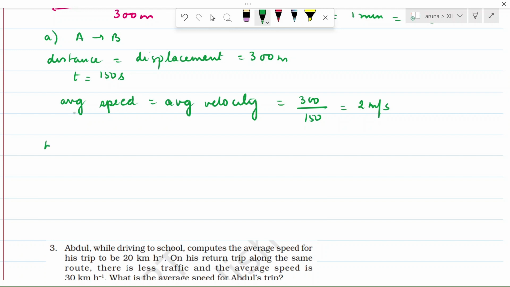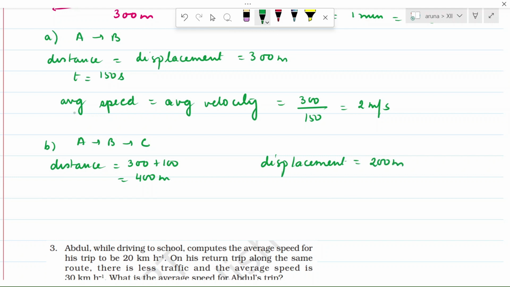In the second situation, in going from A to B to C, the distance covered will be 300 plus 100, that is 400 meters. And displacement is 200, because now he is 200 meters away from his initial position. Time taken will be same for both, 150 plus 60, that is 210 seconds.